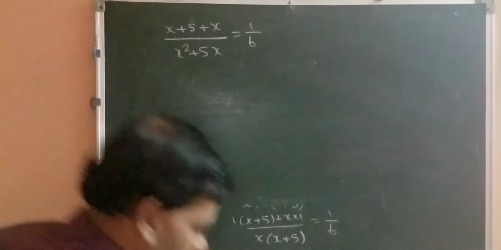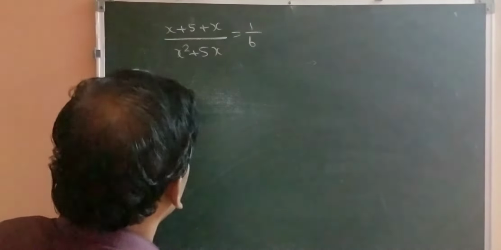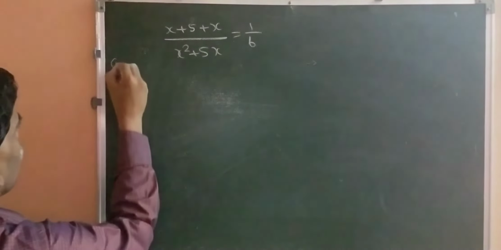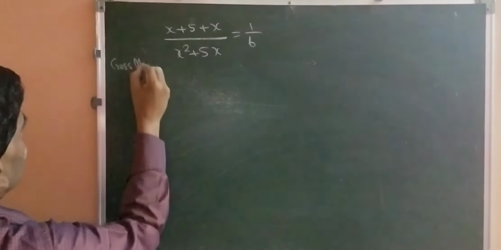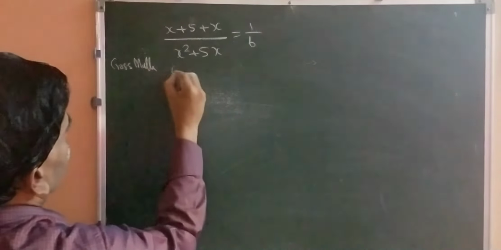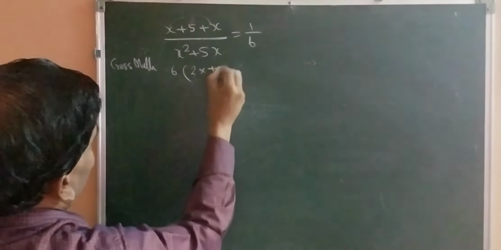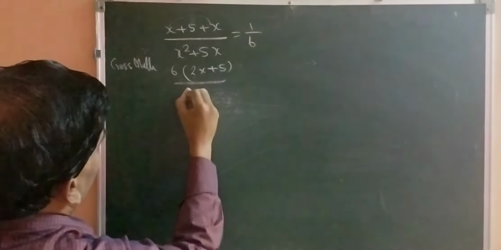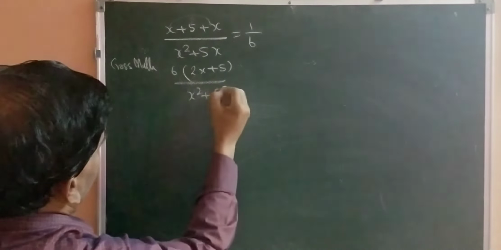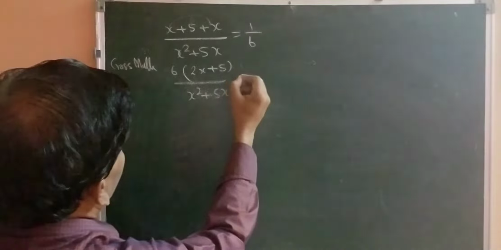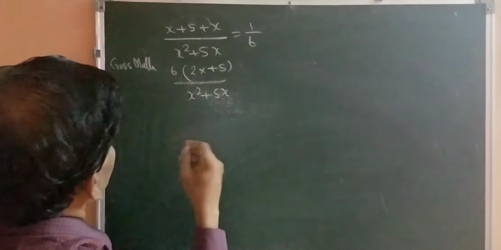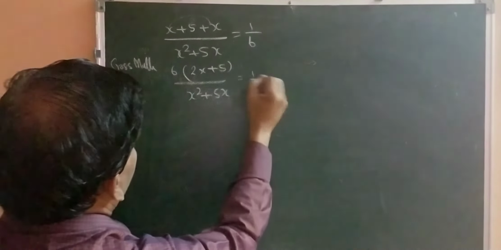Now what you have to do? We have to cross multiply. 6 into X plus X, that is 2X plus 5, upon X square plus 5X, equal to 1 upon 1.